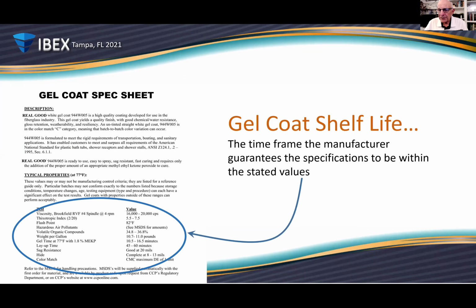Right at the top of the list is that gel coat has a shelf life. So what is the shelf life of gel coat? Well, you buy a box of Cheerios at the grocery store, and there's going to be a date stamped on the Cheerios. They're good until 2041 or whatever the particular date might be.